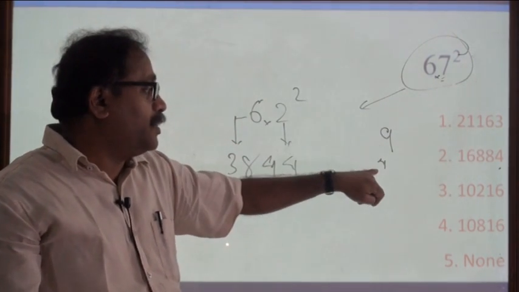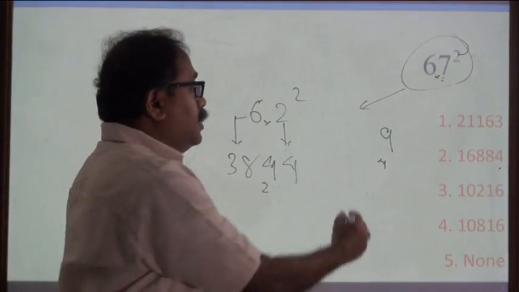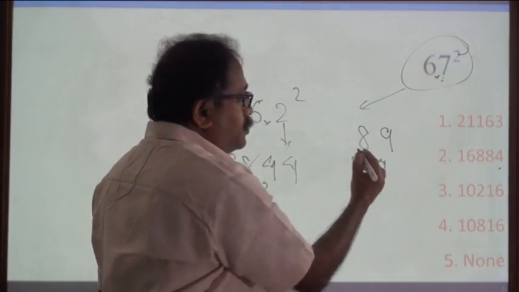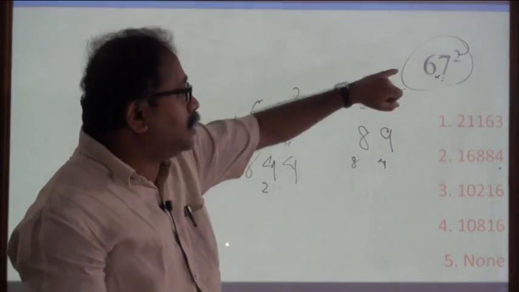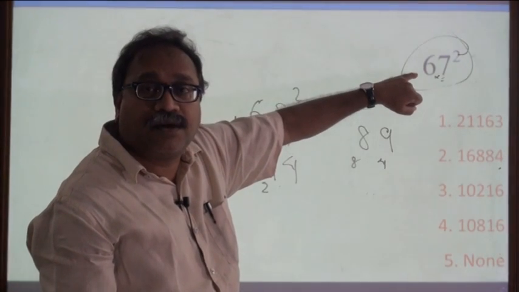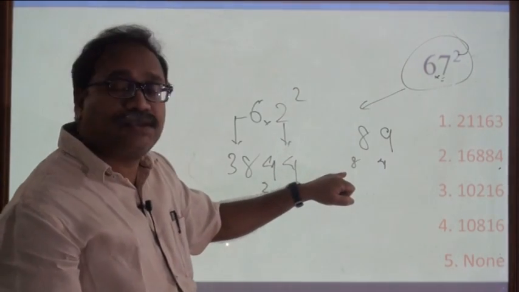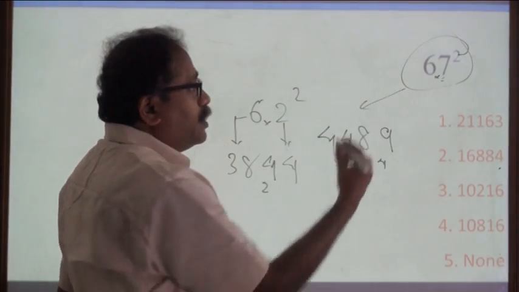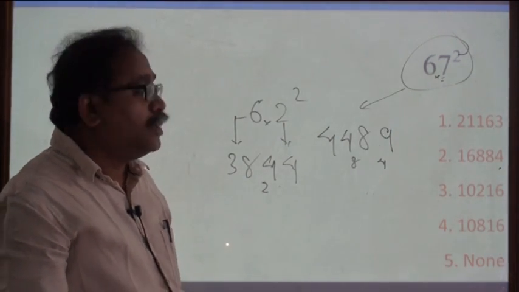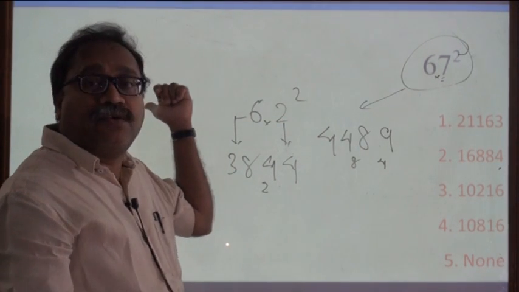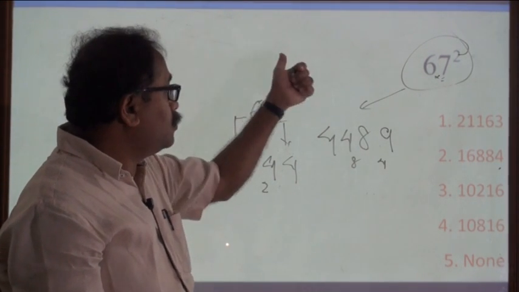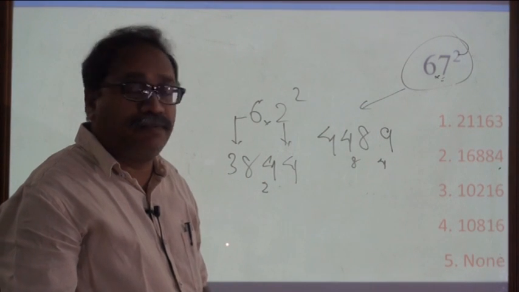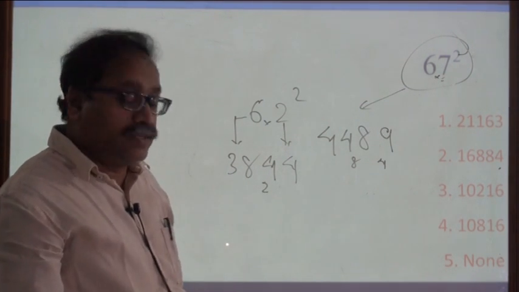So 84 plus 4 is 88. Carry 8. Third and last step, 6 square, 36. 36 plus 8 is 44. So this is square of 67. So once I know how to find out the square root of the number, how to find out the square of the number, then the questions will be very easy.